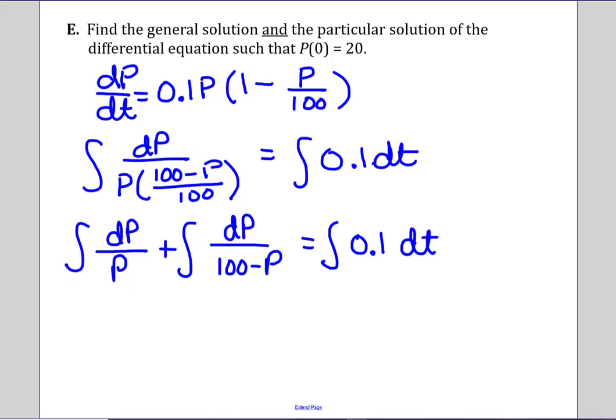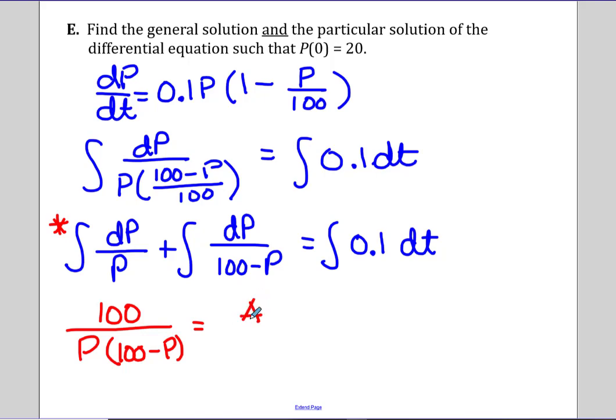So let's think about this for a second. We've got this step, we need partial fractions. So we've got 100 in our numerator divided by P times 100 minus P. Those are our two factors.